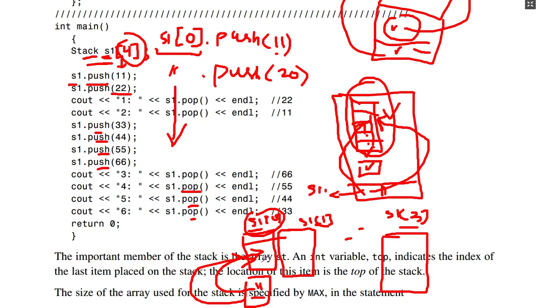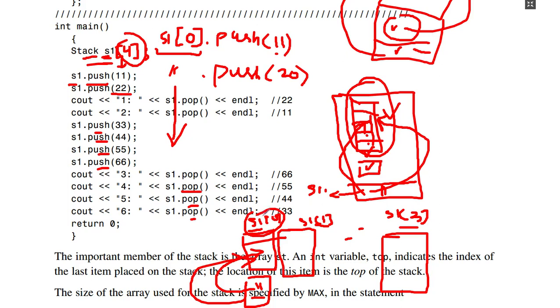Similarly, if you want to pop, you can just say s1[0].pop(), so it would give you the last element entered. Then if you say s1[0].pop() again, it would give you the next element, the second last element, and so on.